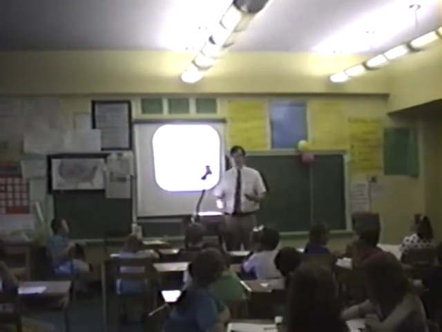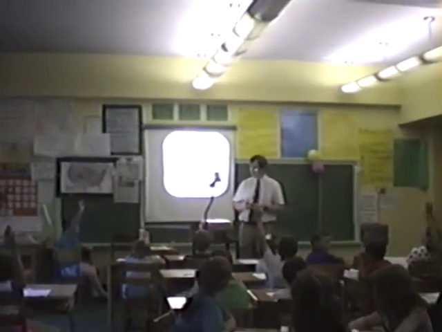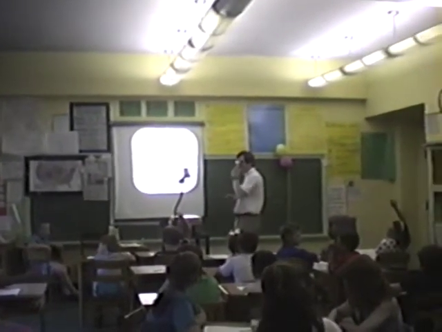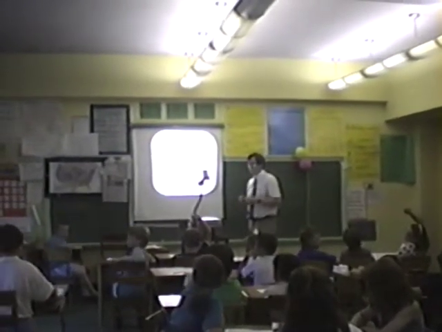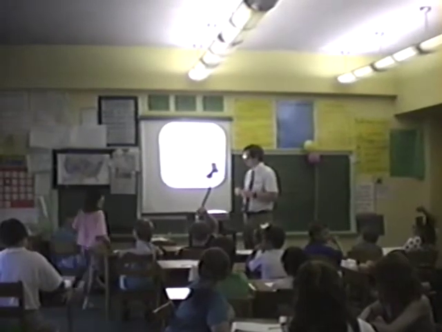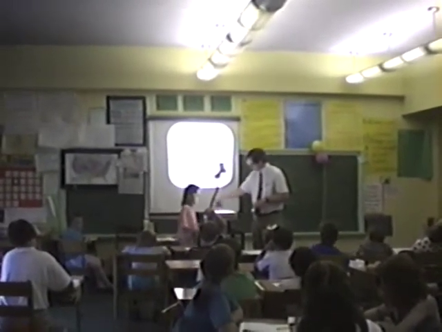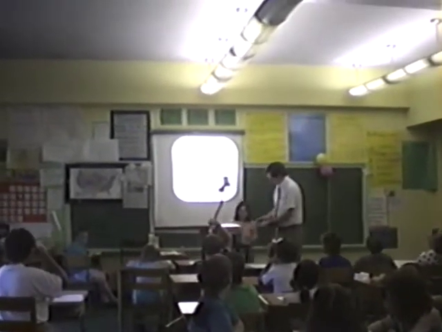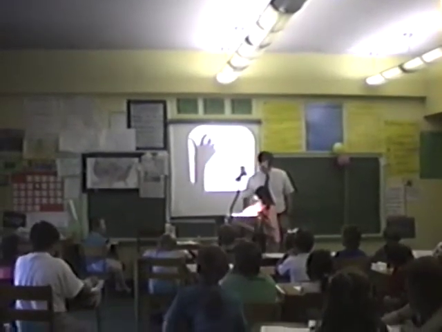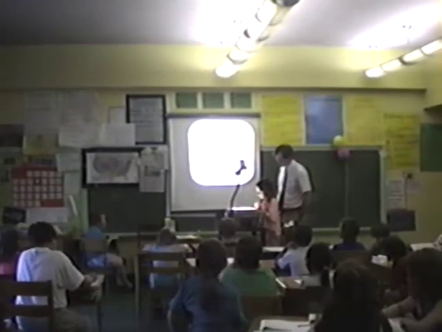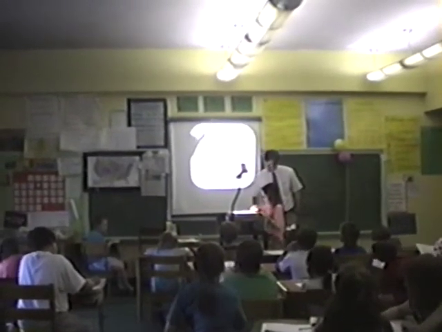So first, can somebody tell me what I do first? Mary? You want to come up here maybe and point to things? Show me what to do. You can point it. Come over here this side. Okay, and where do you write it? 0, 1.